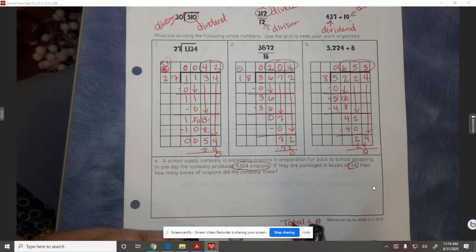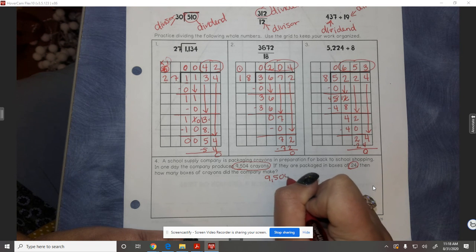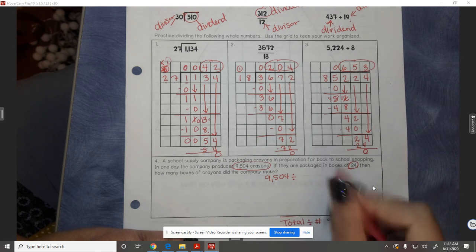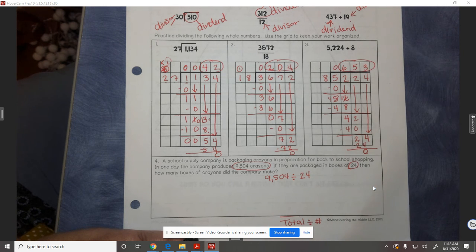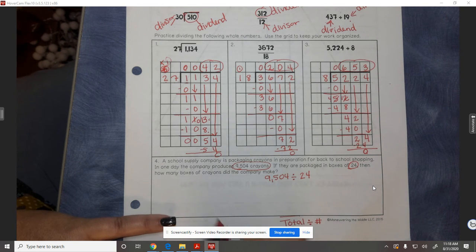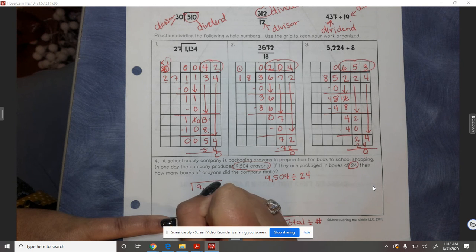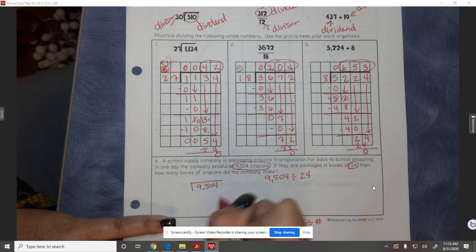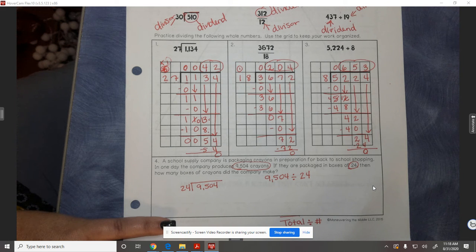Okay, so if we look, our total is 9,504, and it's being divided into 24. So since we've practiced it a couple times now, if we make our house, that 9,504 goes inside and 24 is going to go on the outside of that.